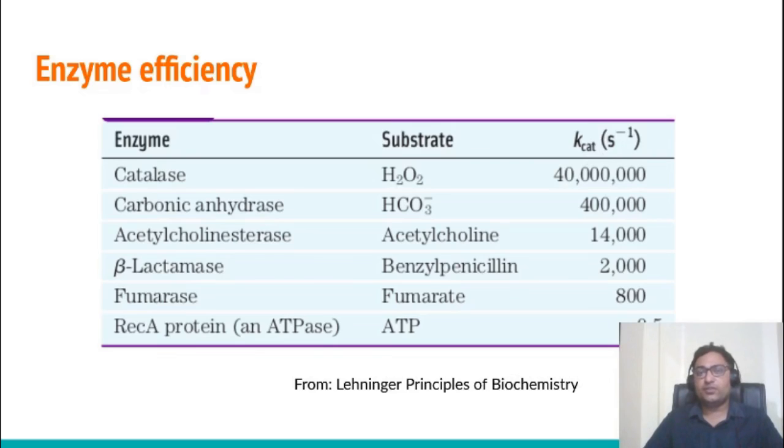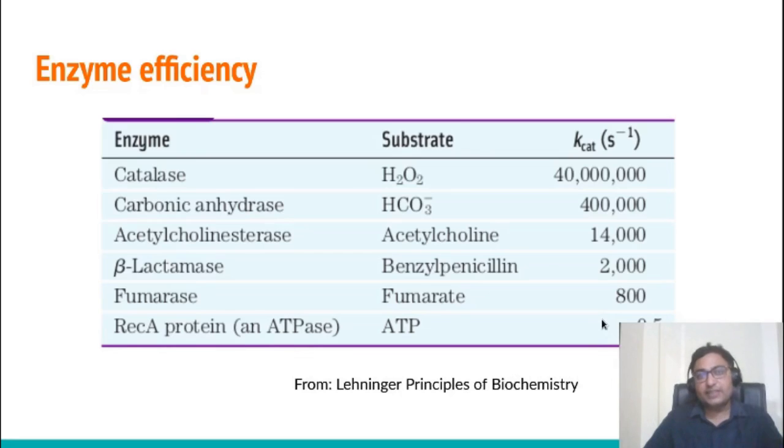K catalysis may be roughly known as the turnover number. That is, the number of products formed from the substrate by the enzyme in a given unit of time. So here you can see catalase may catalyze like 4 crore molecules per second, whereas RecA protein and ATPase may catalyze 0.5 molecules per second.